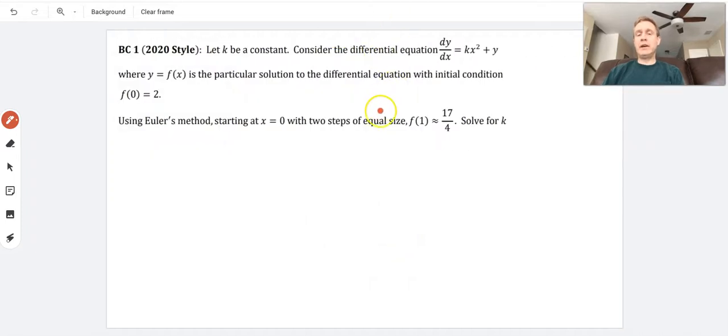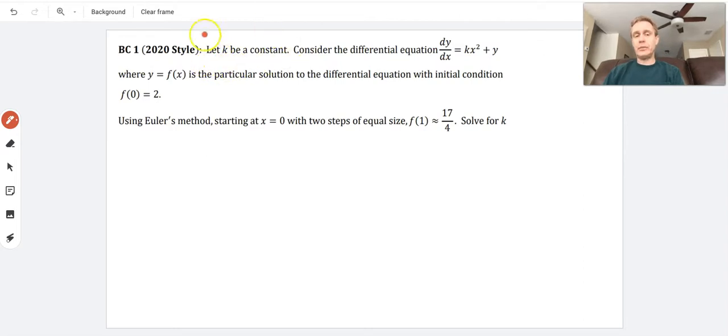And so that's the basic idea of Euler's method. It really is just a calculation process, and you can always use the process that I showed you in class, that I'm going to do here in this problem, to answer any one of these types of problems.